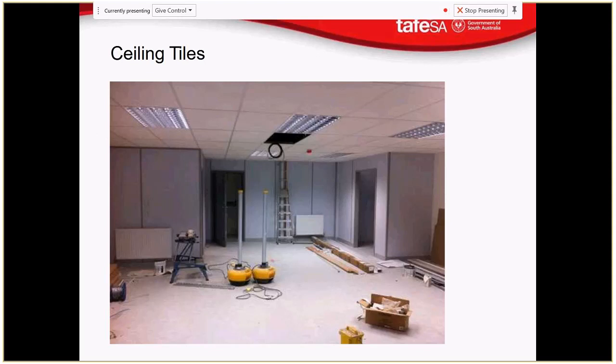You can have easy access at all times to the plenum for accessing services, etc. You can replace any damaged tiles. So if a tile gets damaged for whatever reason, be it moisture from the roof also, it's very simple to take one out and replace it.